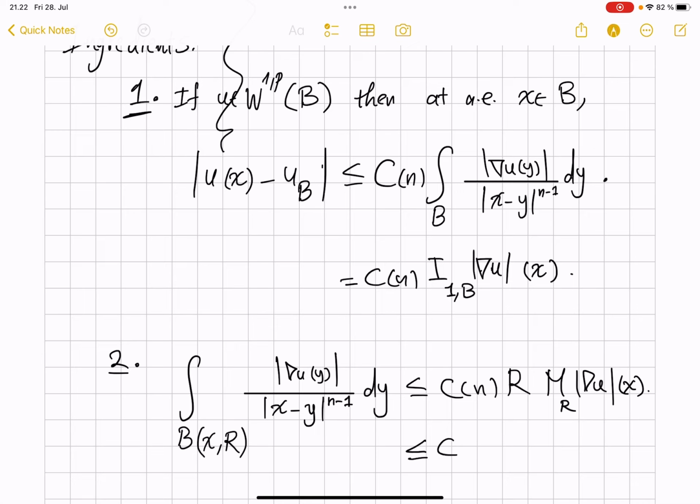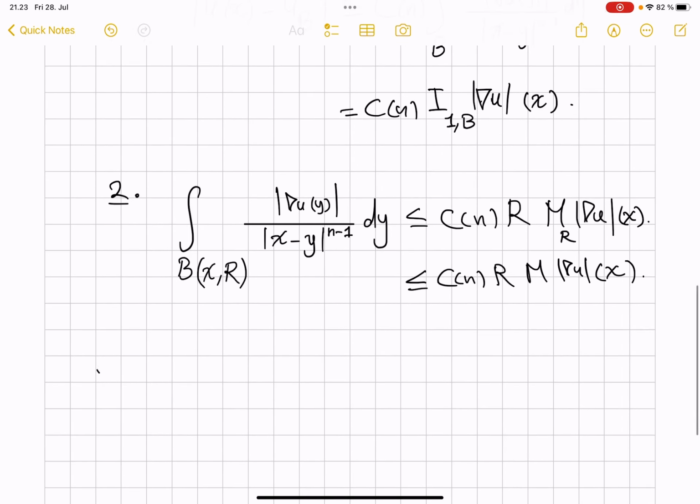This obviously is less than the full maximal function because a supremum over a larger collection is only bigger. And here now, the third fact, which we have seen before, is that for p strictly bigger than 1, M is bounded from L^p to L^p.